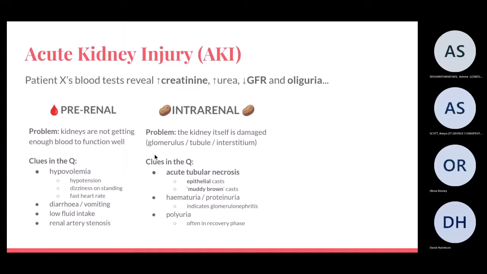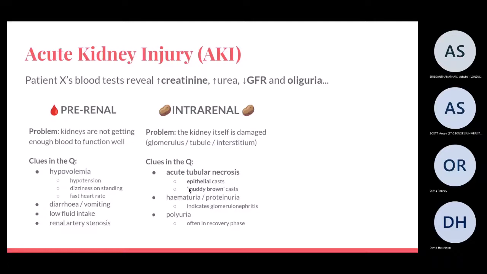So the clues in your question for an intrarenal kidney injury are, if anything mentions acute tubular necrosis, that is by default an intrarenal injury. The clues for that, if they don't spell it out for you, are if they mention anything about epithelial casts in the urine or muddy brown casts.